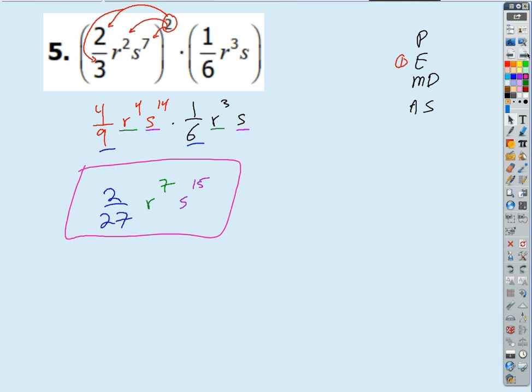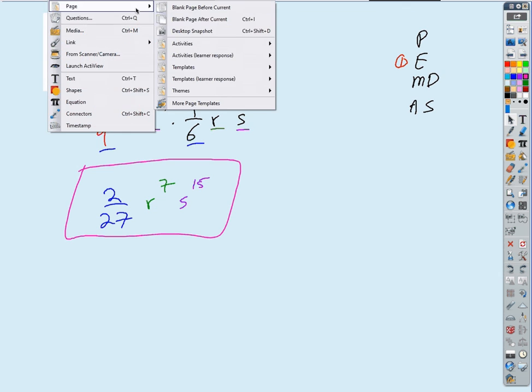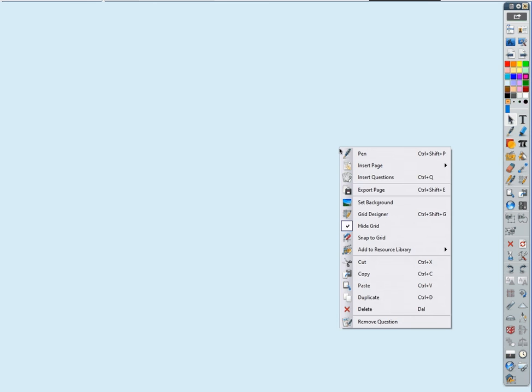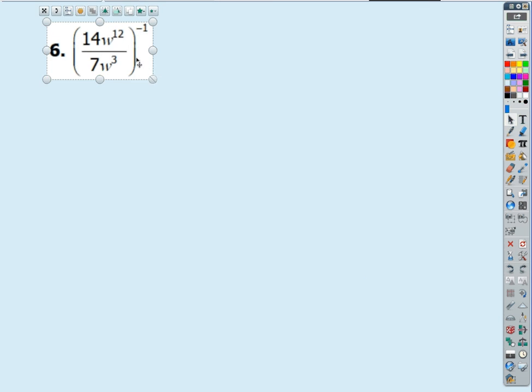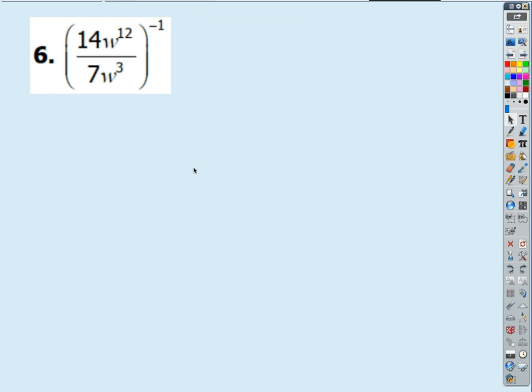Good idea. Okay. What about here? What are we going to do? Distribute the exponent. Okay, no. Let's follow PEMDAS. There's something we can do first. What could I do?